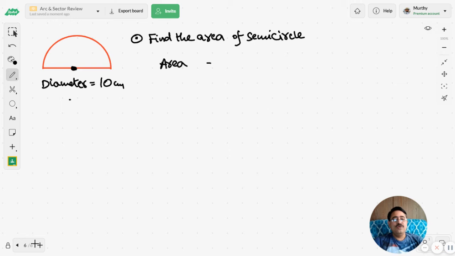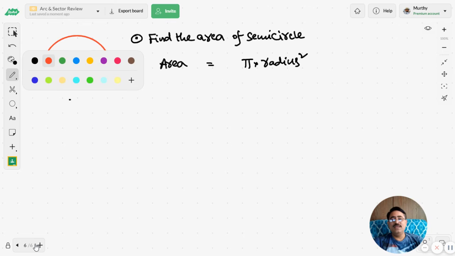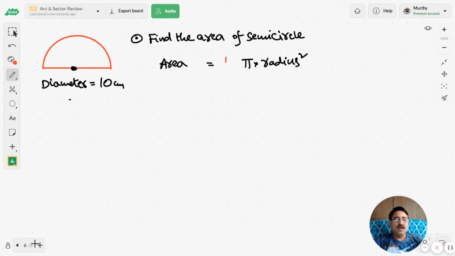In fact, this is a very easy question, because I know that the area of a circle equals pi times radius square. Here half of a circle is taken, therefore the area is half of pi r square. As simple as that. So, let me plug in these values. Half times pi times radius 10, so 10 square. Wait, did I plug in everything in the right manner?